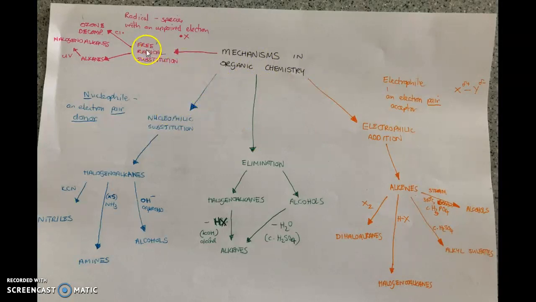The first one we looked at was free radical substitution. Now remember that a radical is a species with an unpaired electron. So that's why we show an atom with a dot on it. Remember that during your mechanism you need to show the dot and to show which atom it's attached to. So if you're breaking a carbon-hydrogen bond and the carbon's got the radical, you put the radical on the carbon atom. Okay, we have seen the free radical substitution in two forms.